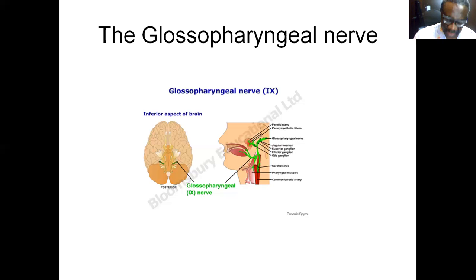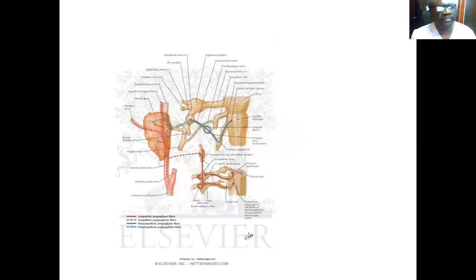Do not forget this. Another diverse illustration showing the distribution of the glossopharyngeal nerve and also the otic ganglion and also the relationship with the parotid gland.